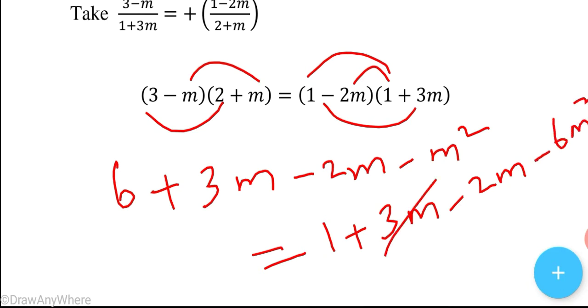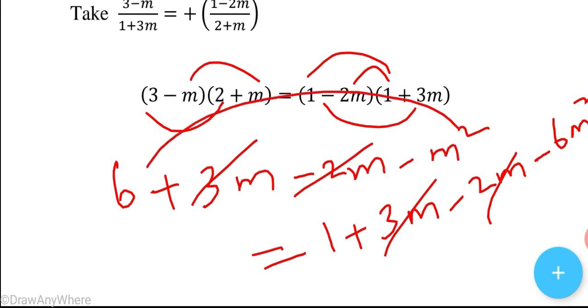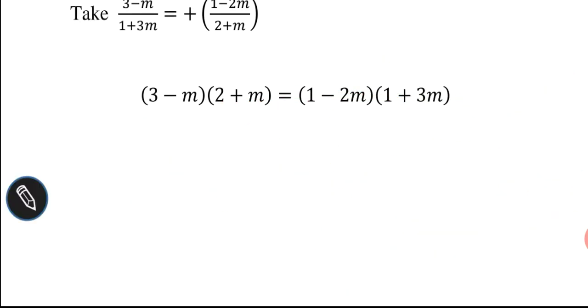Okay, so this 3m gets cancelled. Minus 2m on the right hand side and minus 2m on the left hand side get cancelled. So here we have 6 minus m squared equal to 1 minus 6m squared.